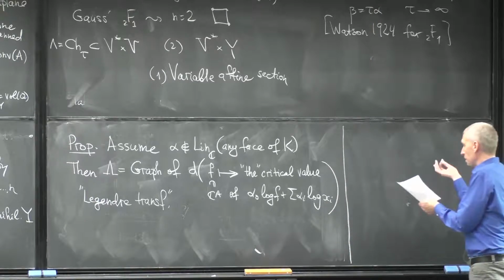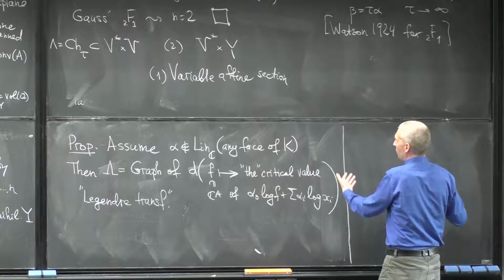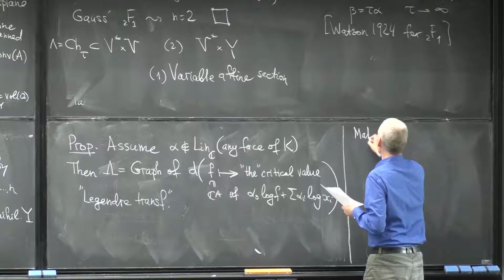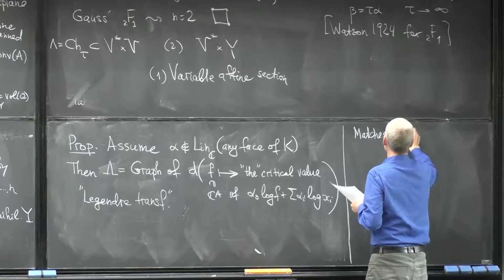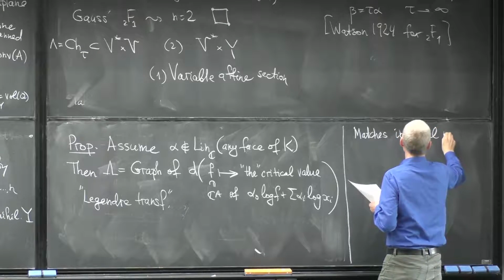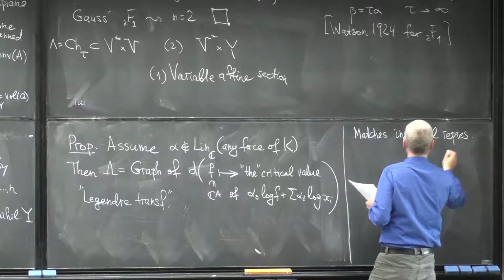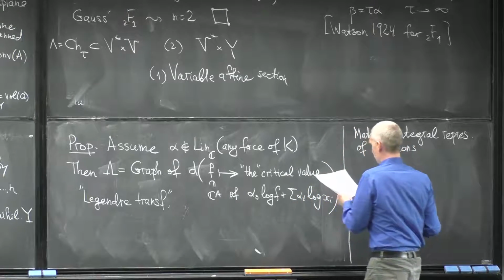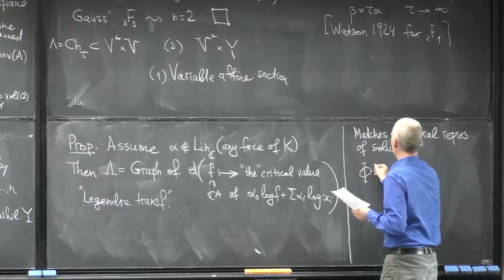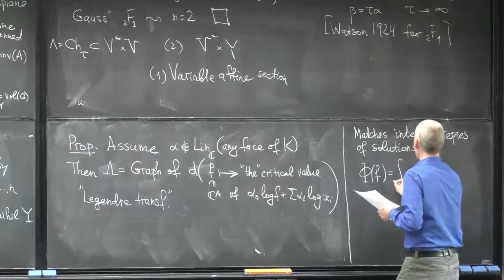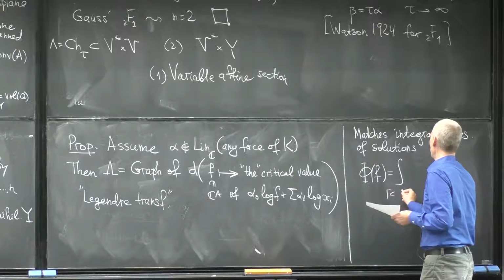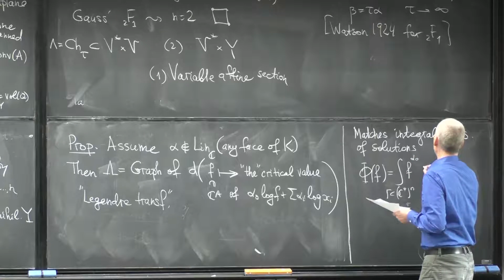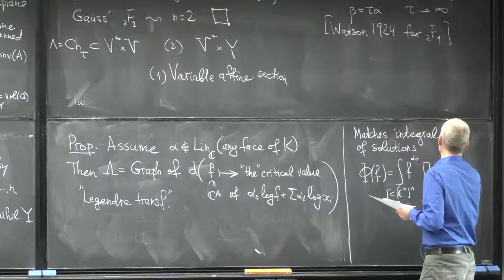The explanation of this is more elementary than this, but it can be seen from, let's say, it matches the integral representation of solutions of the following functions. Phi of f, if I write integral over some cycle in the torus, and here I write f to the alpha 0, product xi to the alpha I dx.